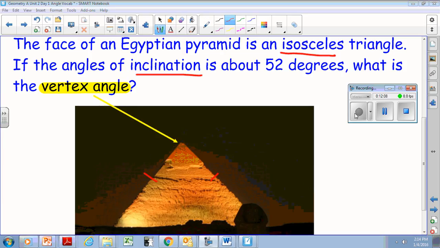Anybody know what we know about the base angles, or the angles of inclination, when you know that it's an isosceles? What do you know about the two angles? This hand motion should help you. What do you know about the base angles of an isosceles triangle?